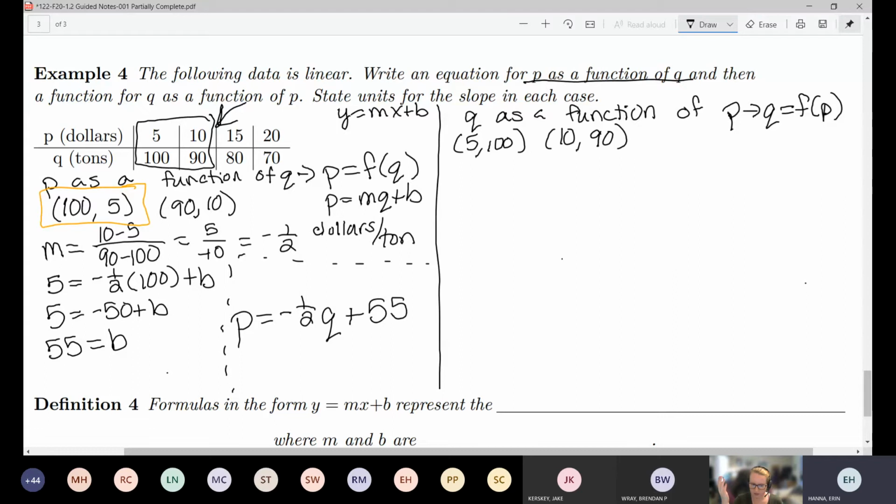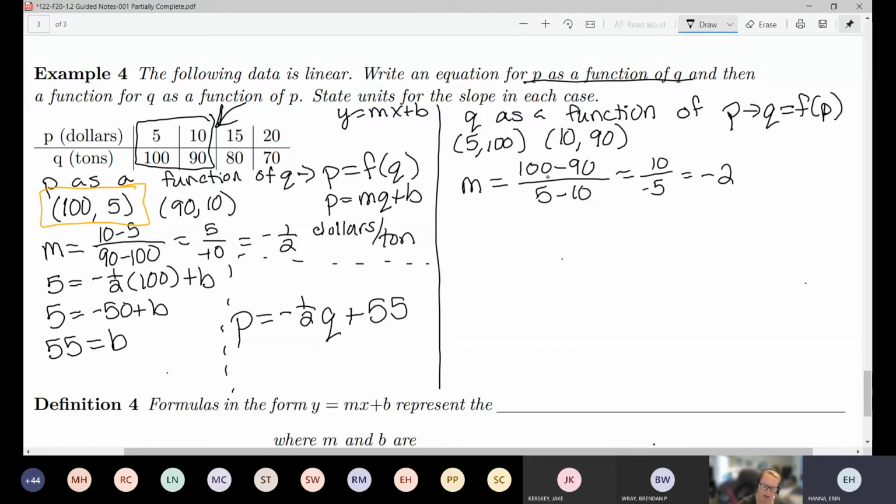Now that I have my 2 points, to find the equation of a line, I always start with the slope. Personal preference, larger y value goes first, but whatever floats your boat. So 100 minus 90 gives us 10, 5 minus 10, negative 5, which will reduce to negative 2. Okay, so we've got our slope of negative 2, and while I'm talking about my slope, why don't I finish the units here now?